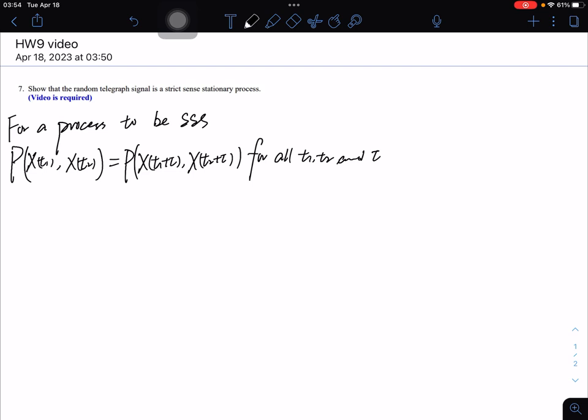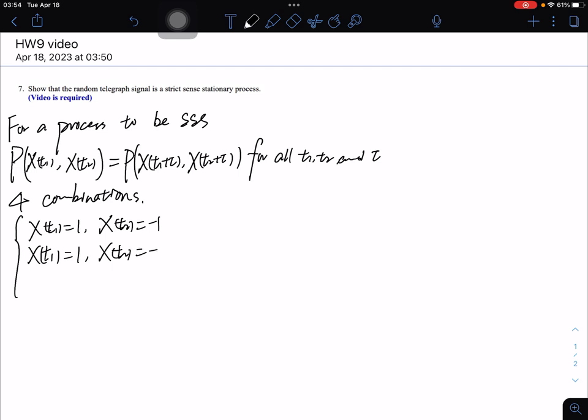There are four possible combinations of X(t1) and X(t2): X(t1) equals 1 and X(t2) equals 1; X(t1) equals 1 and X(t2) equals -1; X(t1) equals -1 and X(t2) equals 1; and X(t1) equals -1 and X(t2) equals -1.